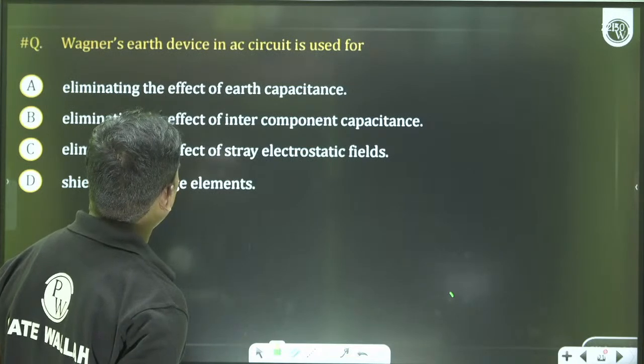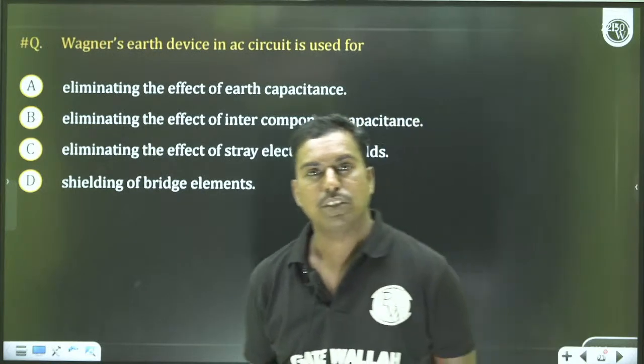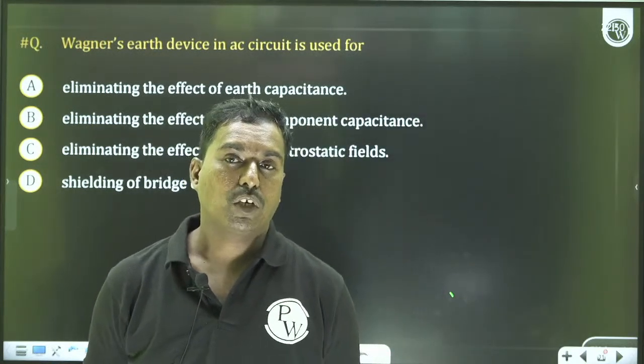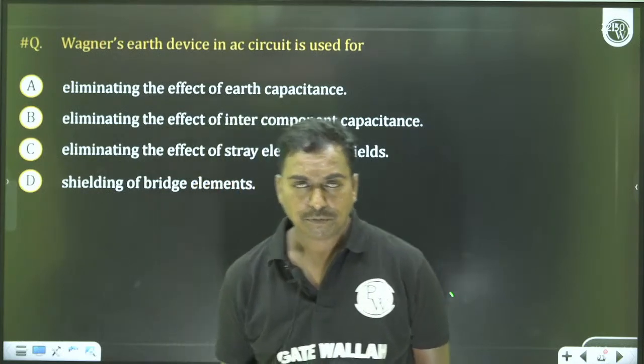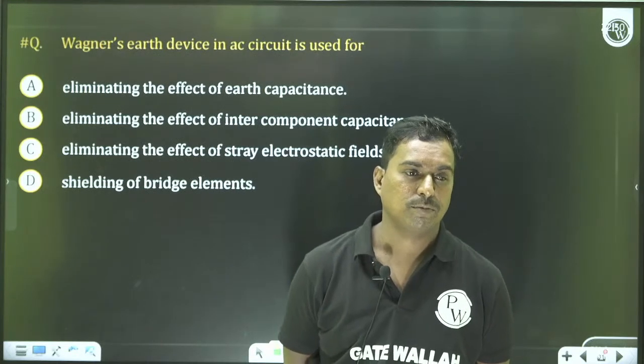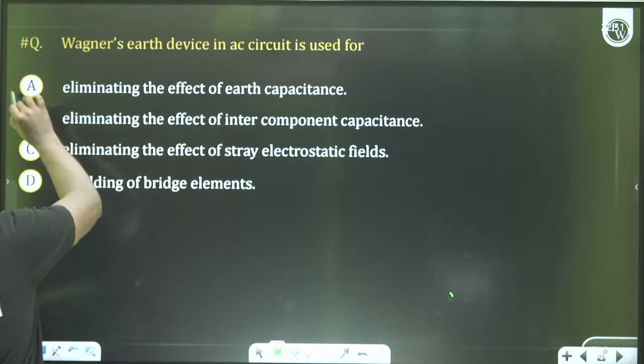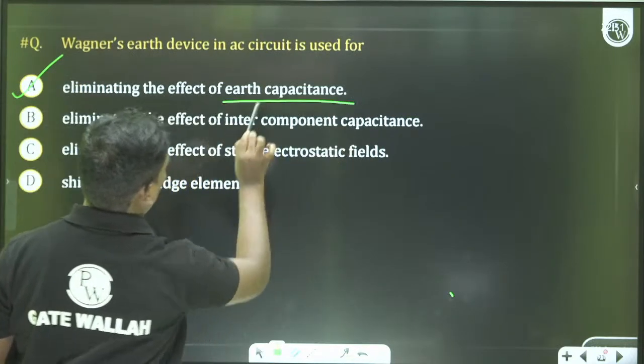See, generally what happens whenever you connect multiple components in an AC bridge, if any leakage capacitance is there in the outer arms, it is going to be connected to the earth. The right answer is option A, earth capacitance.